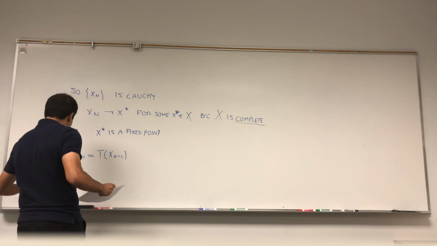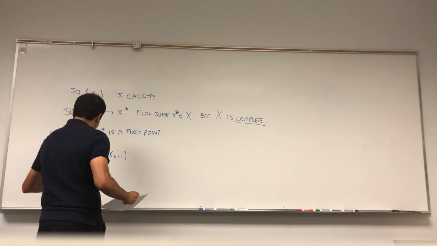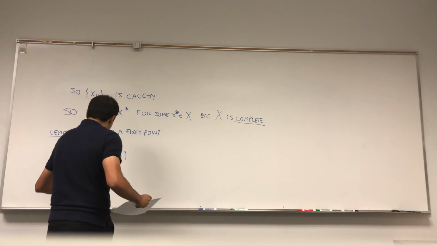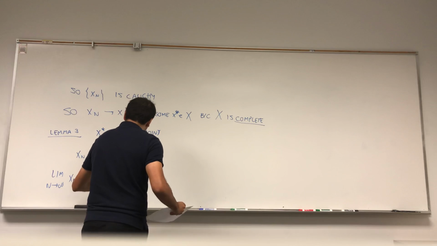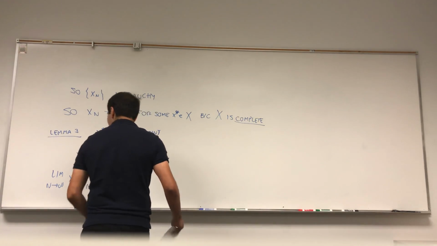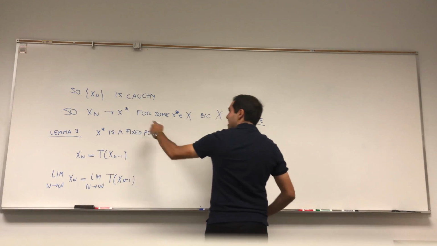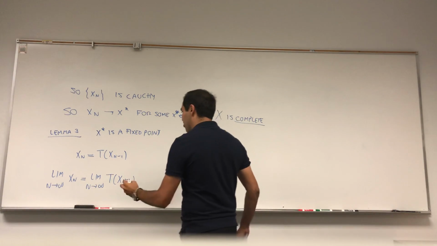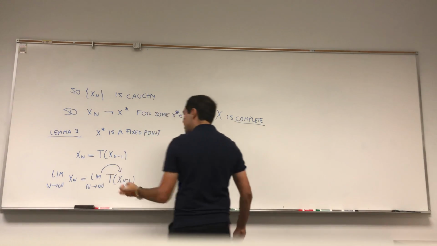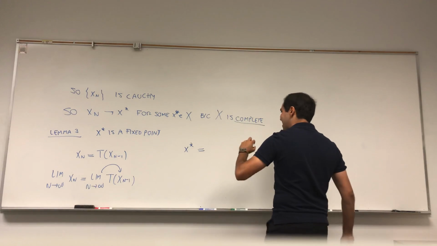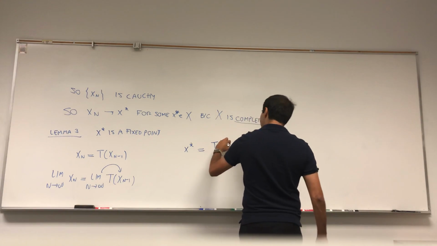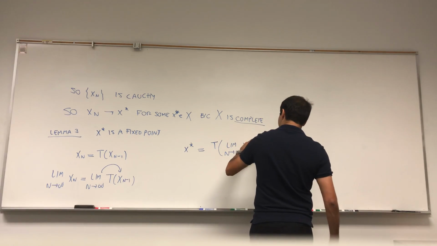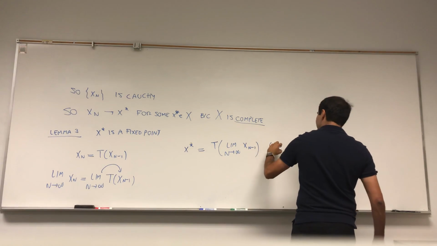So let's take the limit as n goes to infinity of x_n, which equals the limit as n goes to infinity of T of x_(n-1). But x_n converges, so we have x star. Now, we want to put this limit inside, and in fact we can because of continuity. Again, T is continuous.